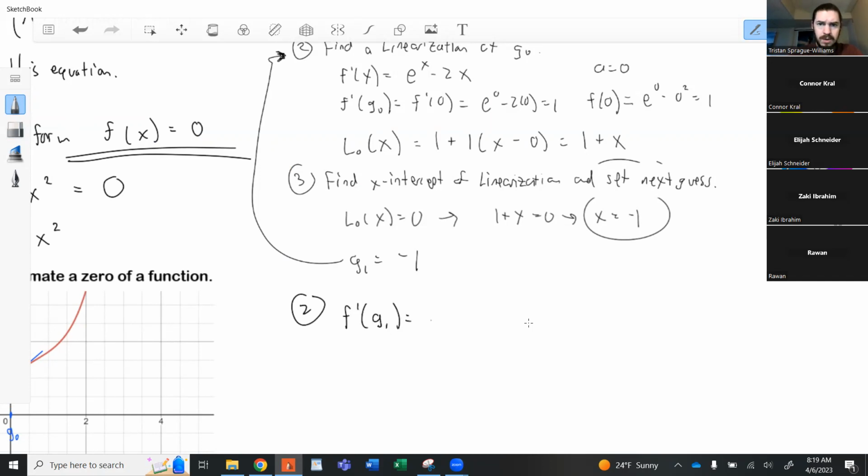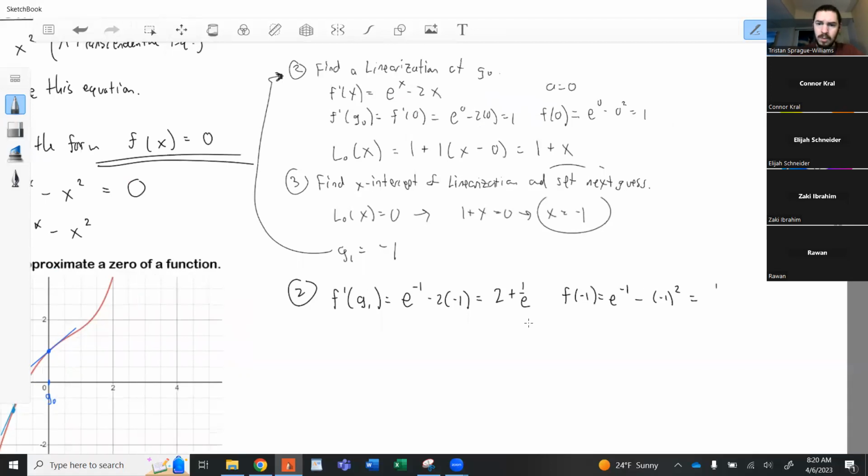So we're going to do e to the power -1 minus 2 times -1. That's going to be 2 plus 1 over e. And then we're also going to need f of -1. So that's going to be e to the power -1 minus -1 squared. And we have 1 over e minus 1.